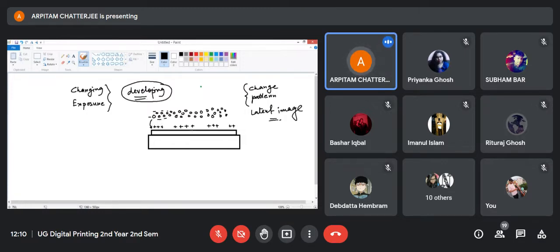So instead of this charge, you get the entire image. After development, you get this image: instead of charge, you get the same thing in terms of the colorant or toner.